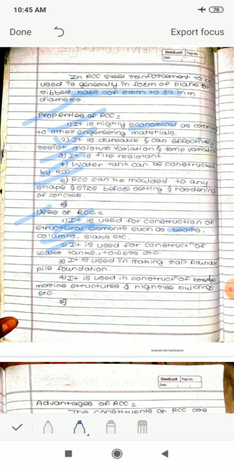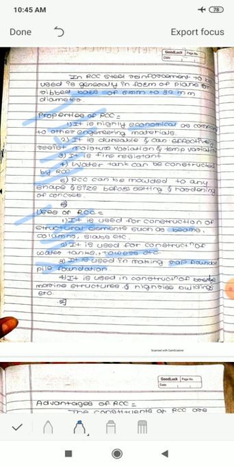We need to use RCC for the construction of water tanks, overhead water tanks, and towers. Next, it is also used for the construction of foundations such as raft foundation and pile foundation. These are the types of foundation.